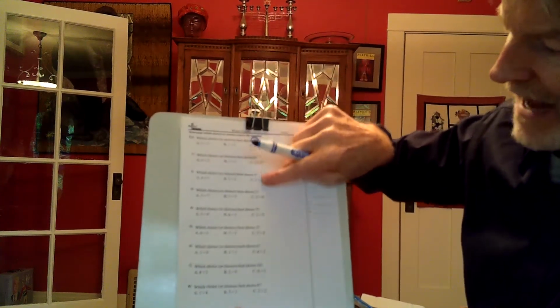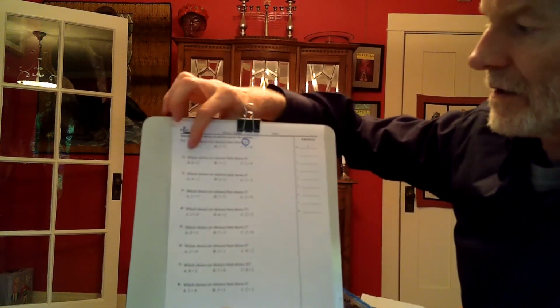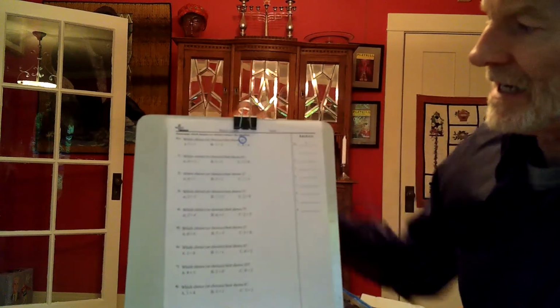So I would suggest that you take a color you like and circle this number here, because this number changes in every single one of these. And then what you're looking for is which choice A, B, or C, shows 8.